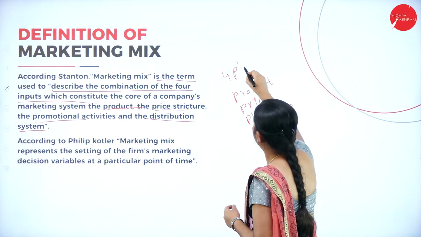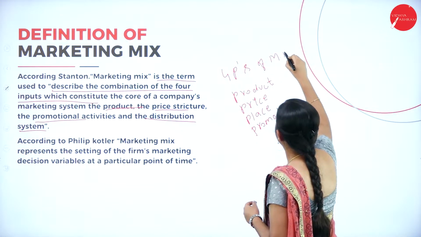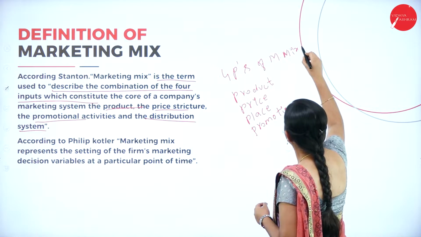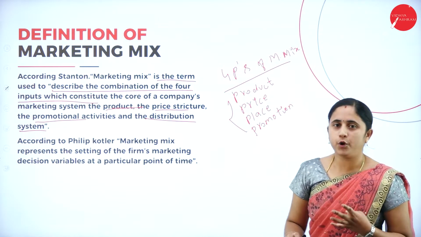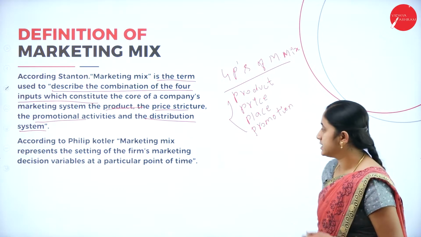This is the 4 P's of marketing mix. Using these 4 P's, that means the 4 elements, they make a strategy in order to succeed.